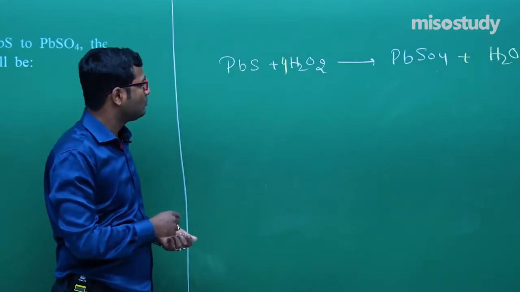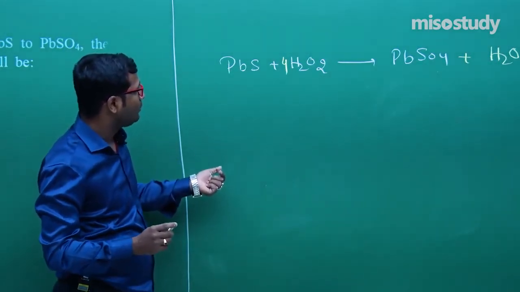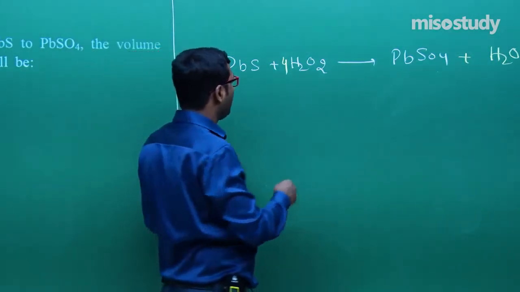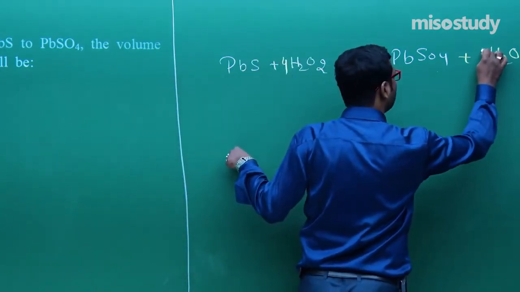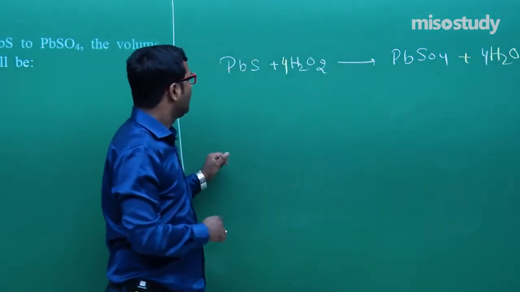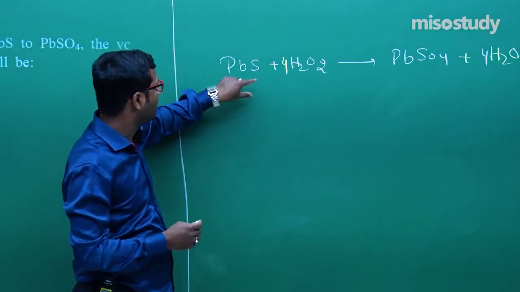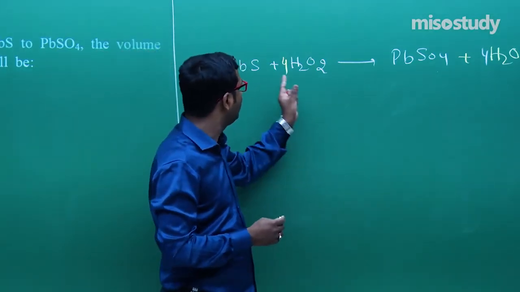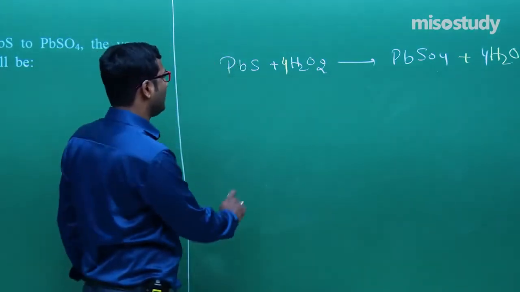PbS plus 4 H2O2 gives PbSO4 and H2O. Hydrogen here is 4 to 8, put here 4. Now again balance, sulfur 1, Pb 1, oxygen 4, 4, 8, 4 to 8. Clear to you? This is the balanced equation.